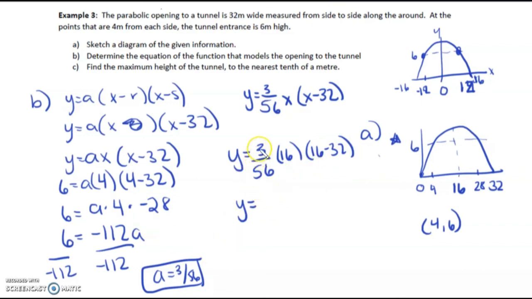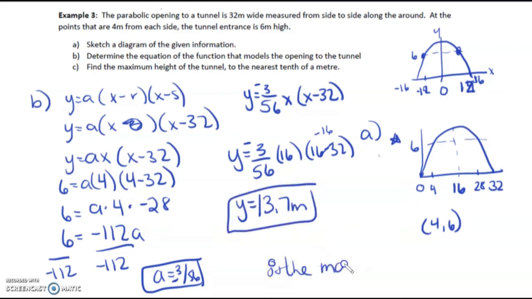So when we multiply negative 3 times 16 times negative 16, divided by 56, sorry, this is negative 3 over 56. Okay, we get positive 13.7 meters. So therefore, the max height is 13.7 meters.